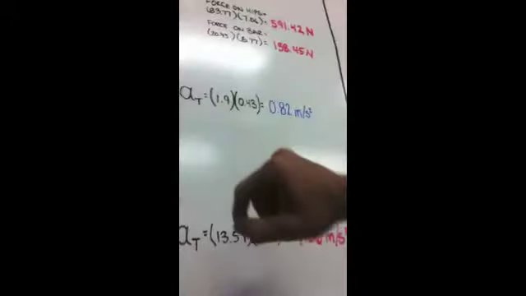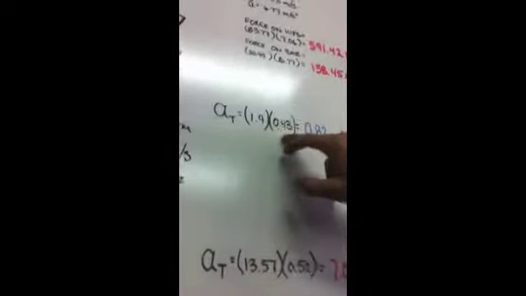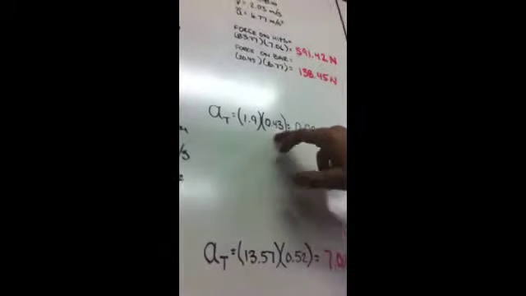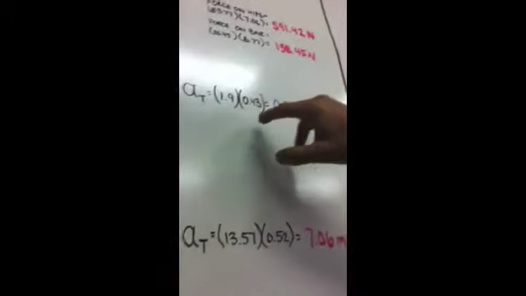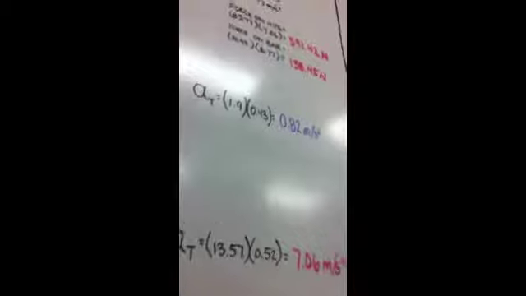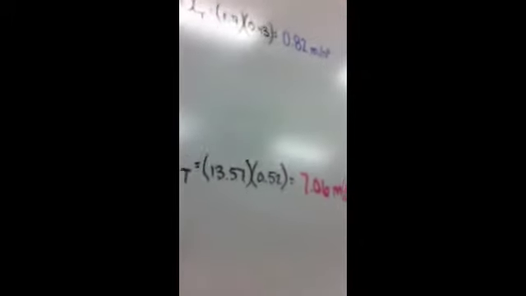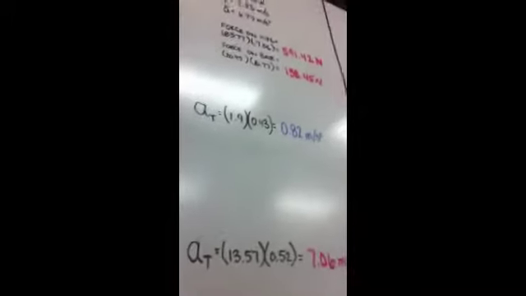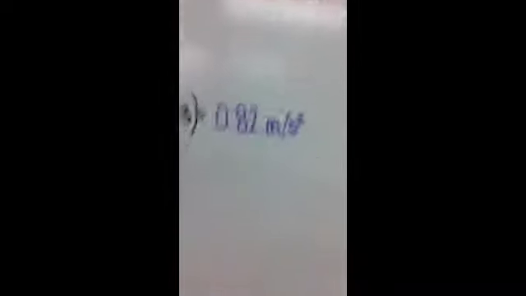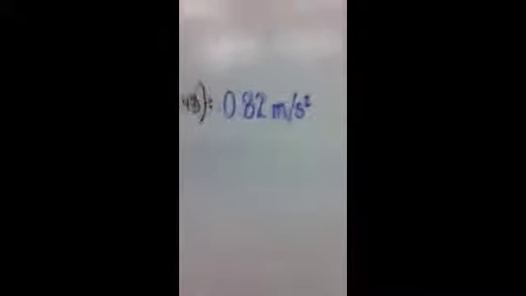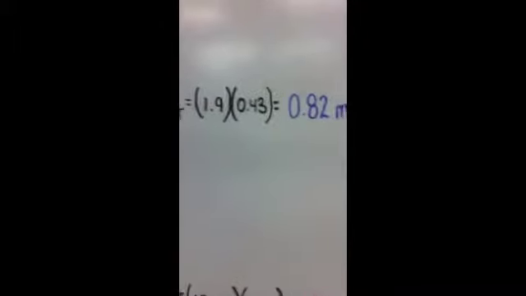I take my angular acceleration and multiply it times the radius, which is 0.43 meters or 43 centimeters, and I get 0.82 meters per second squared. All right, and that is the tangential acceleration.